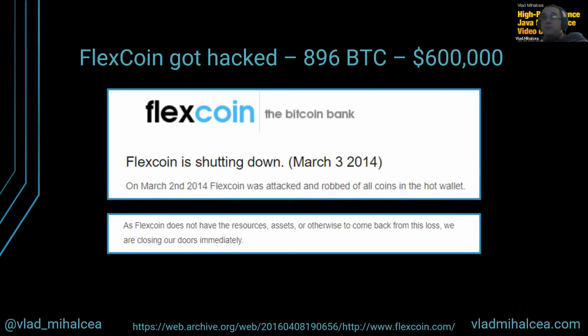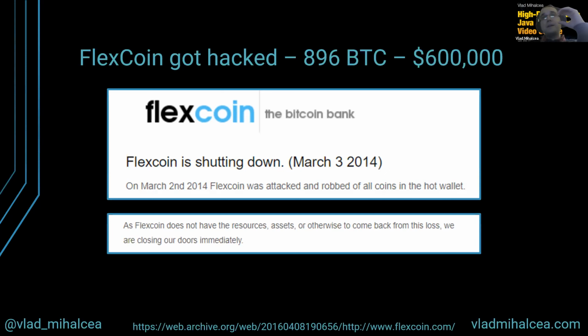One example, and this is not just theoretical, is Flexcoin, which used to be a digital wallet for cryptocurrencies, for Bitcoin. It started early in 2014, and in 2014, it went bankrupt.